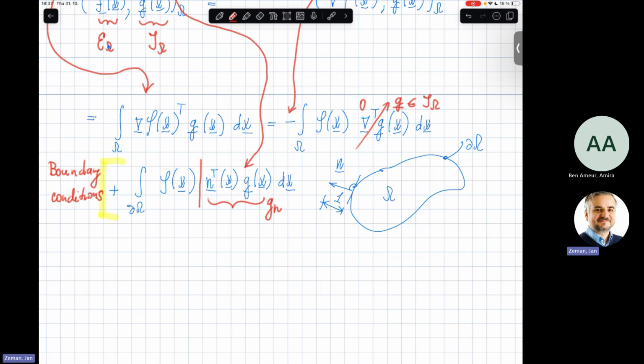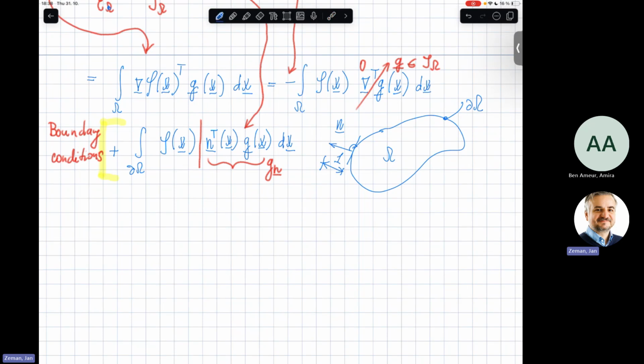Right, so this is the component which is associated with the normal direction. So it actually shows that without any other specifications of the boundary condition, I made the claim up. It is not always true.